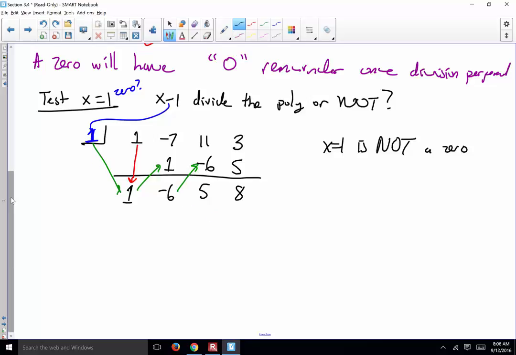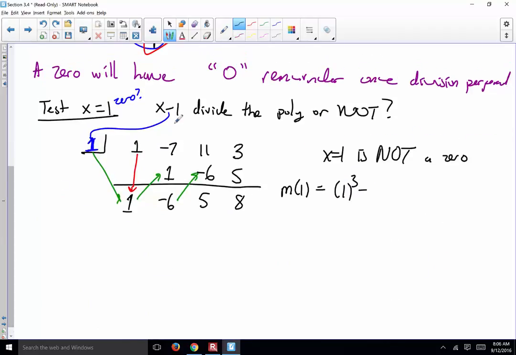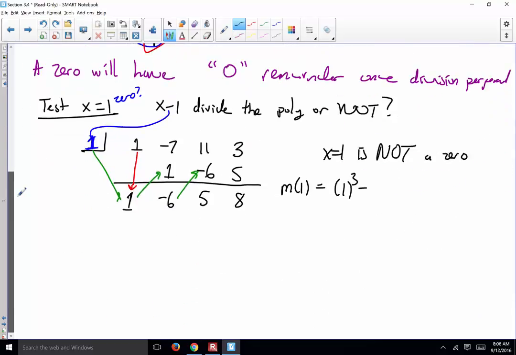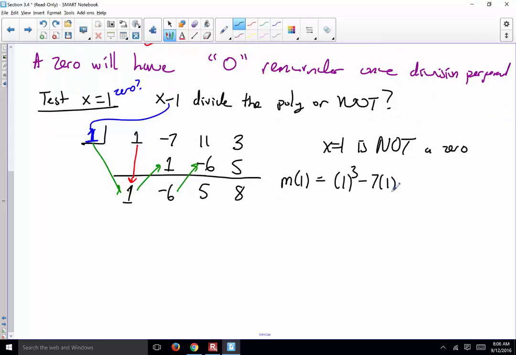So really, take that polynomial called m of x and compute m of 1, which is 1 cubed, because it's x cubed. So this is kind of cheating. This is not what the book is doing, but I find it useful. Minus 7 times 1 squared.